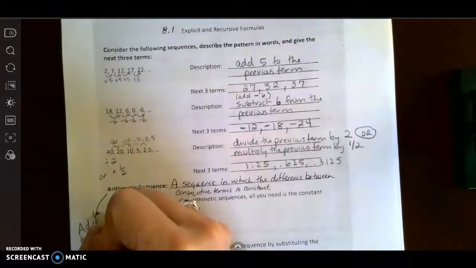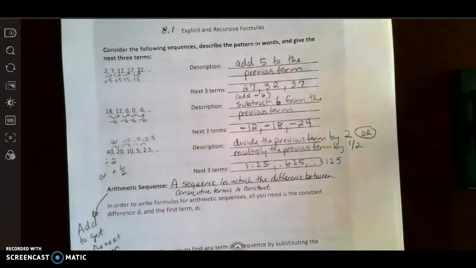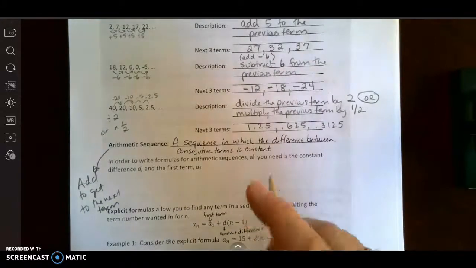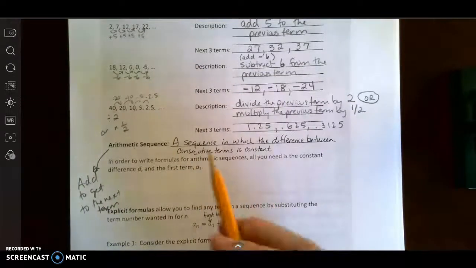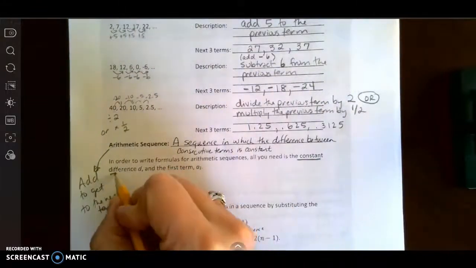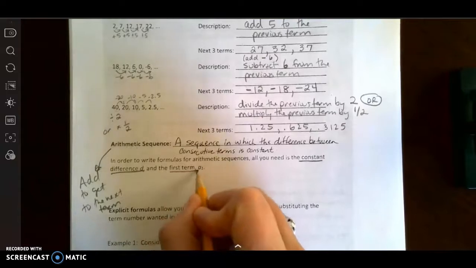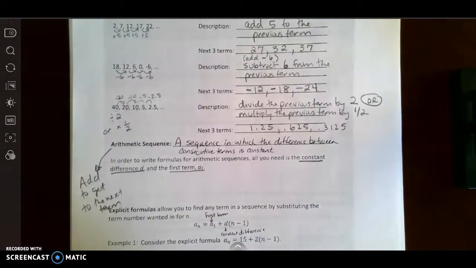And remember that subtraction is a form of addition. It's adding the opposite. In order to write formulas for arithmetic sequences, all you need is the constant difference d and the first term a sub 1.